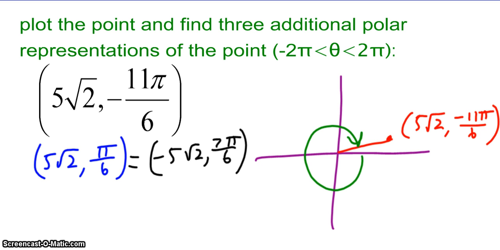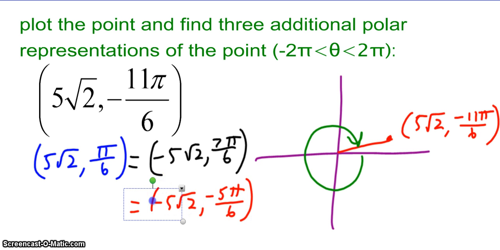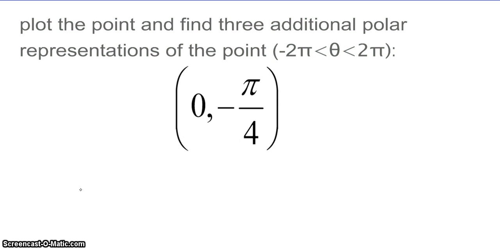And then I could also do negative 5 root 2 comma negative 5 pi sixth. So again, all four of those are the same location. Now I want you to try. So plot this point and find 3 additional points between negative 2 pi and 2 pi. Pause the video, unpause when you're ready to check.